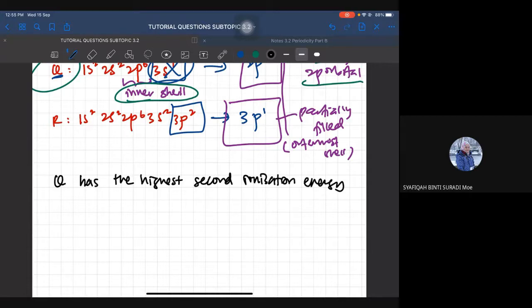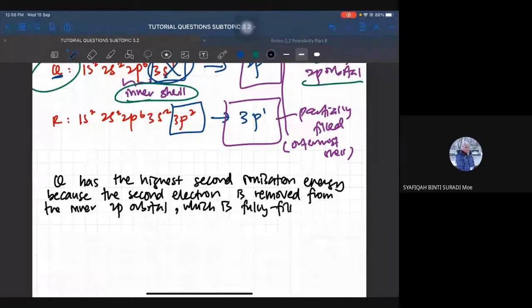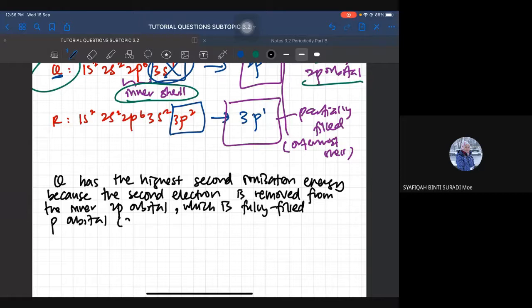Kenapa? Because the second electron is removed from the inner 2p orbital, which is fully filled orbital 2p6.